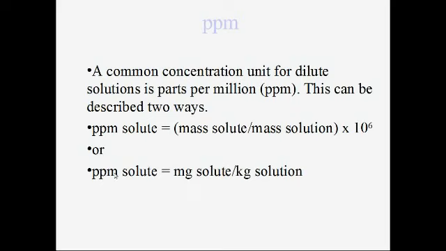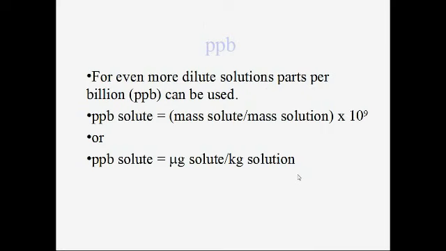This will be for all solutions, so this would be milligram solute per kilogram of solution. For aqueous, it'd be milligram per liter, since a liter of water is a kilogram of water. So a milligram of solute per kilogram of solution is a part per million.